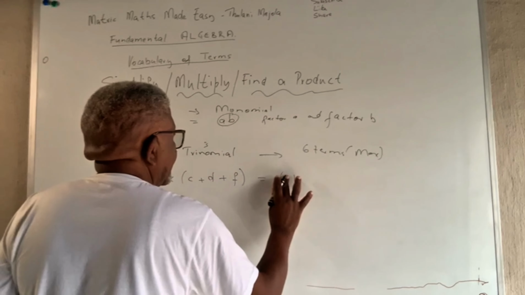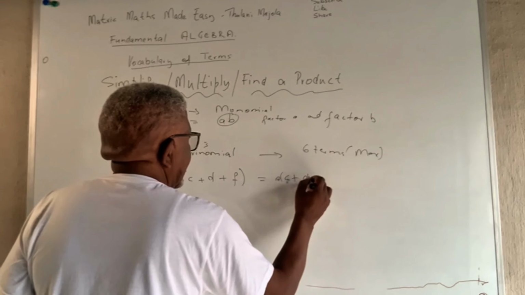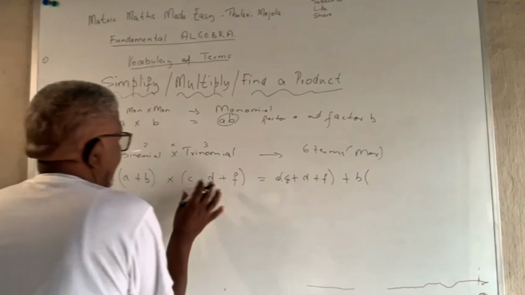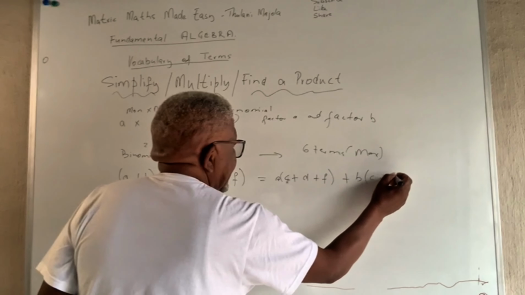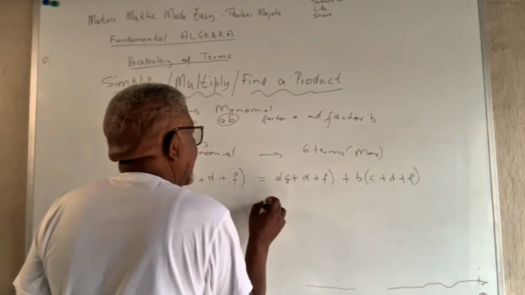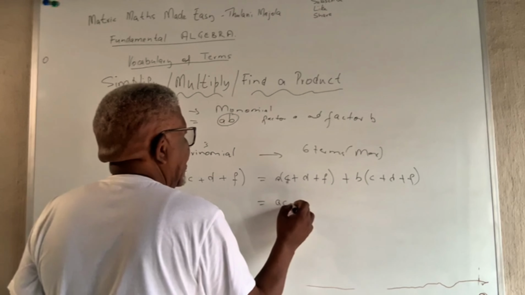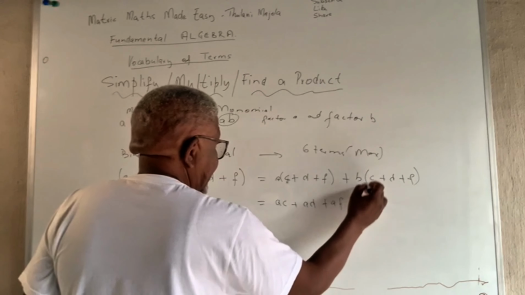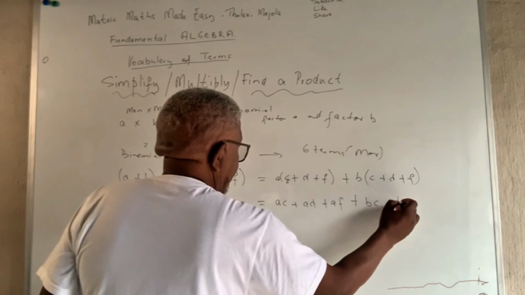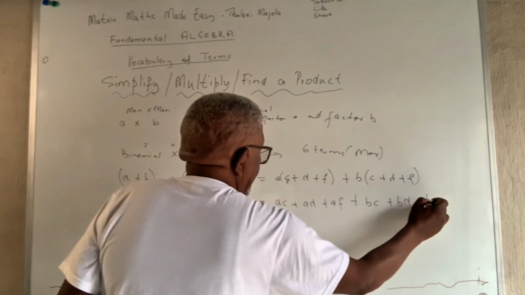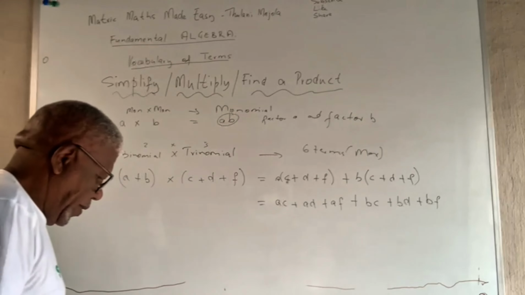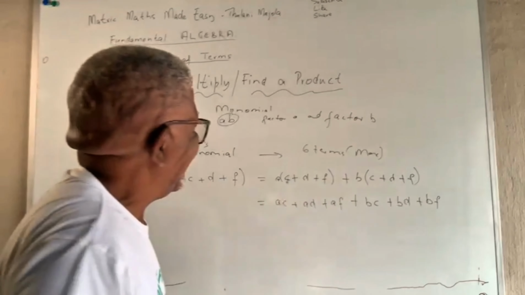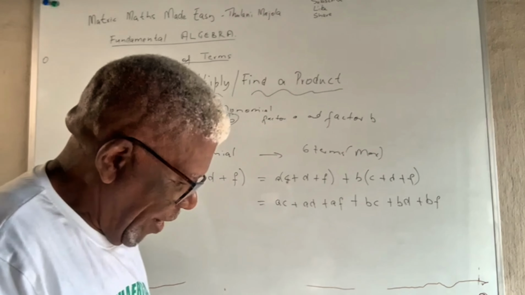So A times C plus D plus F, plus B, and multiply each term there, C plus D plus F. This is equal to A times C plus A times D plus A times F plus B times C plus B times D plus B times F, which is your answer. So you've got 6 terms maximum.